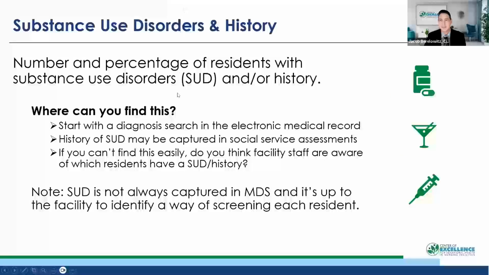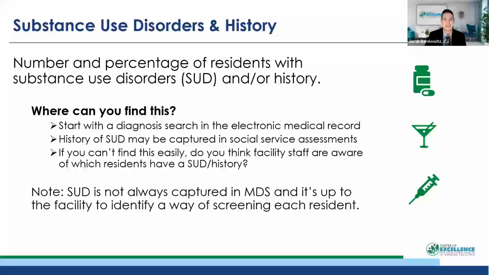All right. Next, we have substance use disorders and history of substance use disorders. And so I always mention "history of," because the history is very relevant. When someone has a history of substance use disorder, they may not have a current diagnosis, right? The hospital may not have had a diagnosis for them of substance use disorder, and your staff may not diagnose it because it's not an active medical diagnosis for them.